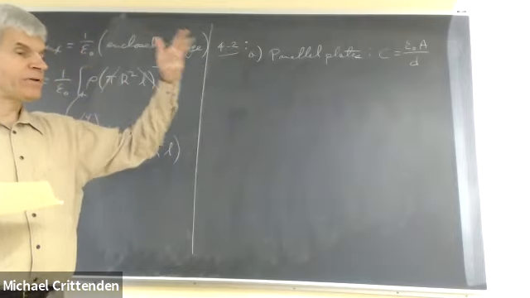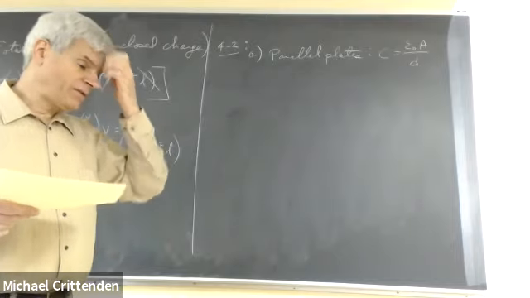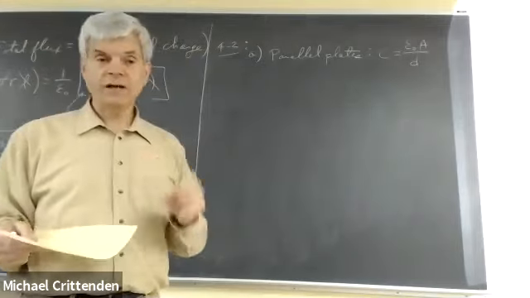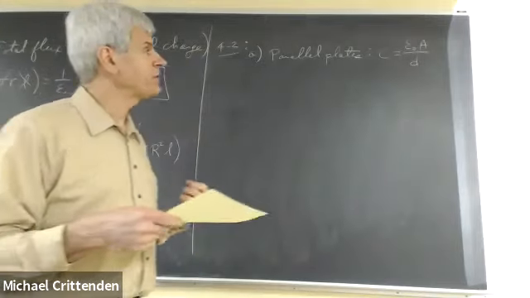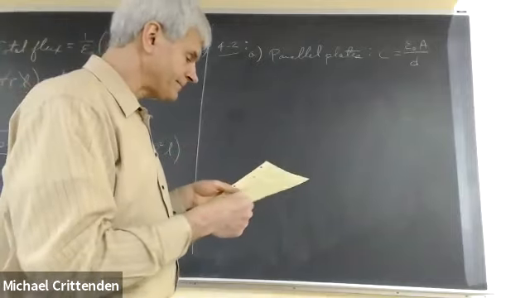For other geometries, you'd have some other formula, but it always depends somehow on how the thing was constructed. For any given capacitor, C is a constant, unless you start changing the distance between the plates or something.